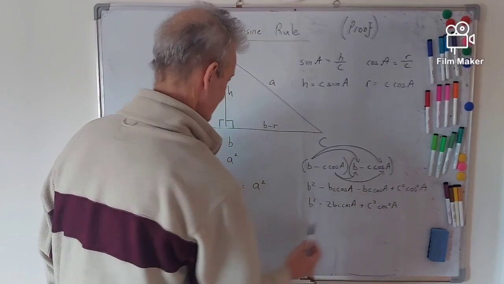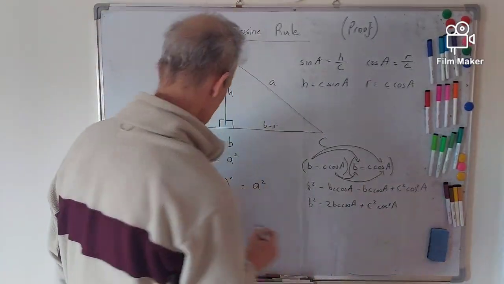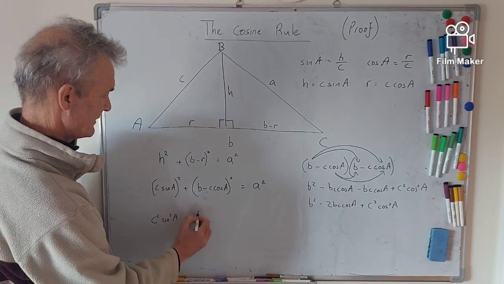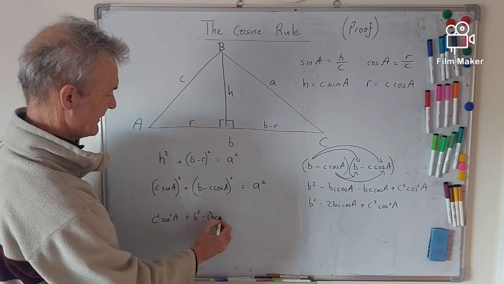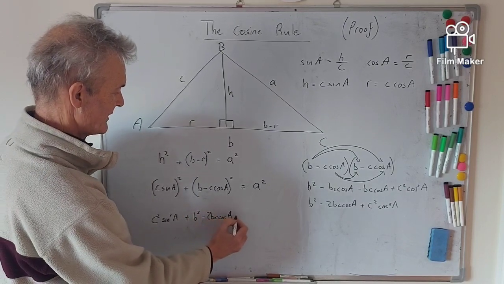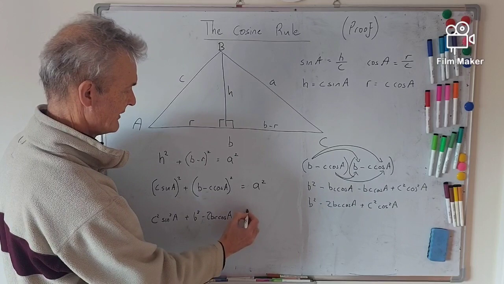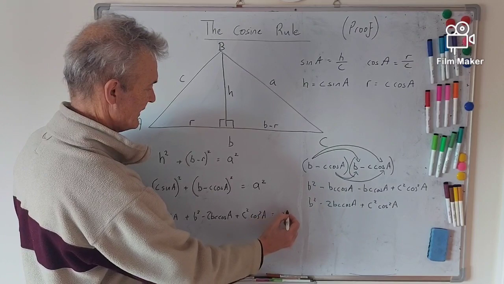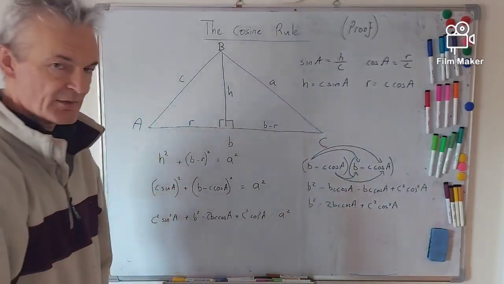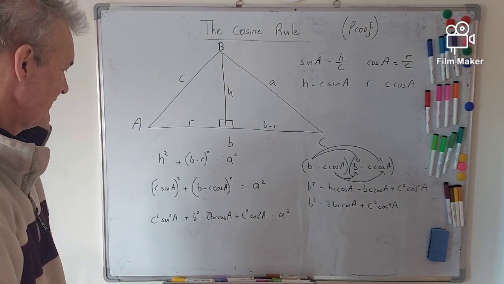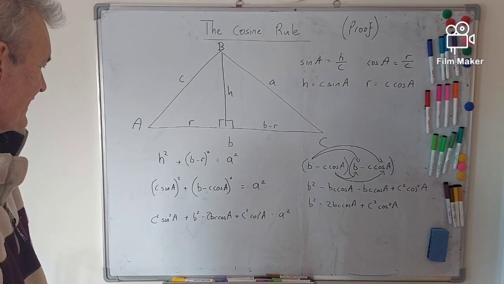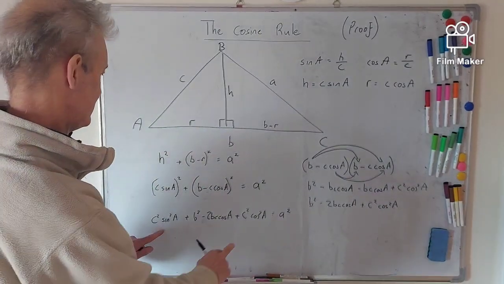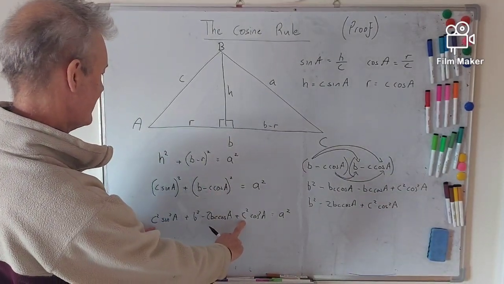So I've multiplied this bracket out here to get this. So I'm going to put this in here now. So I've got plus b squared minus 2bc cos A plus c squared cos squared A, and that equals a squared. Now I'm going to tidy this up a little bit. Now hopefully you can notice that we've got c squared here and c squared here.